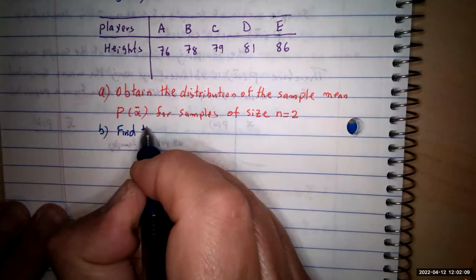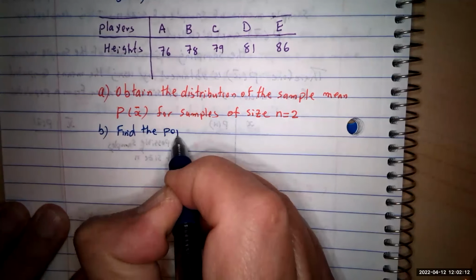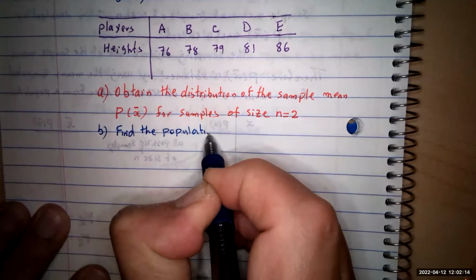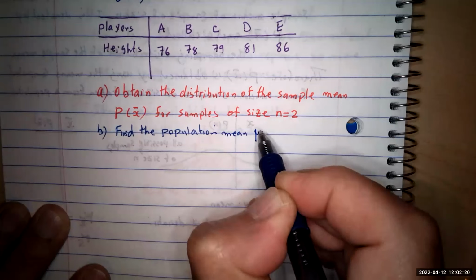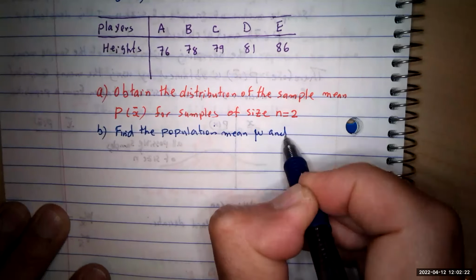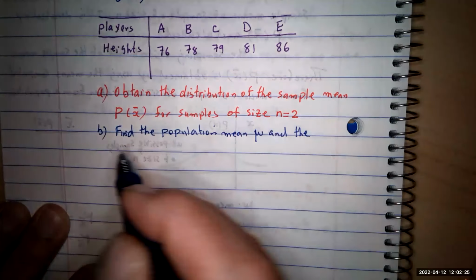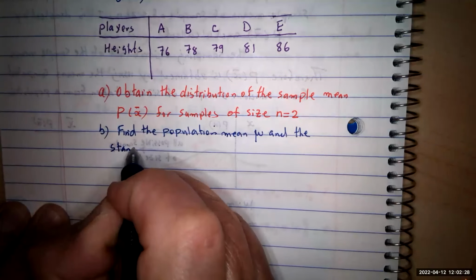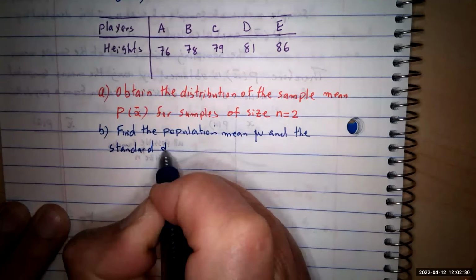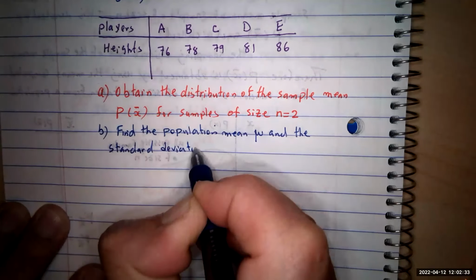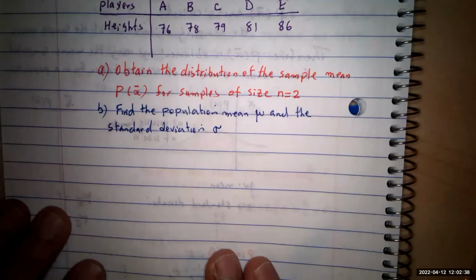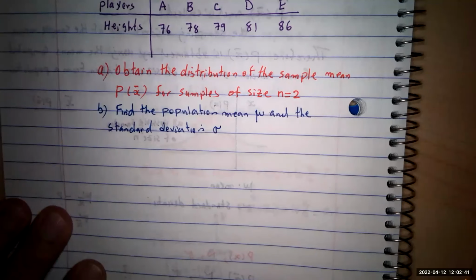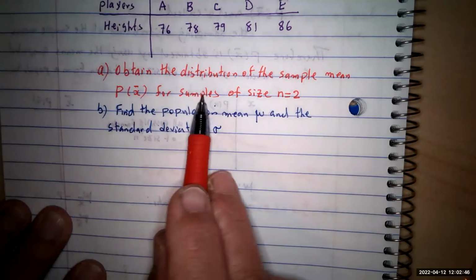So find the population mean, mu, and the population standard deviation, sigma. Okay, so it's easy to find. I can find it quickly. Then what I'd like to do is you go back to this new one, and do the same thing for this.